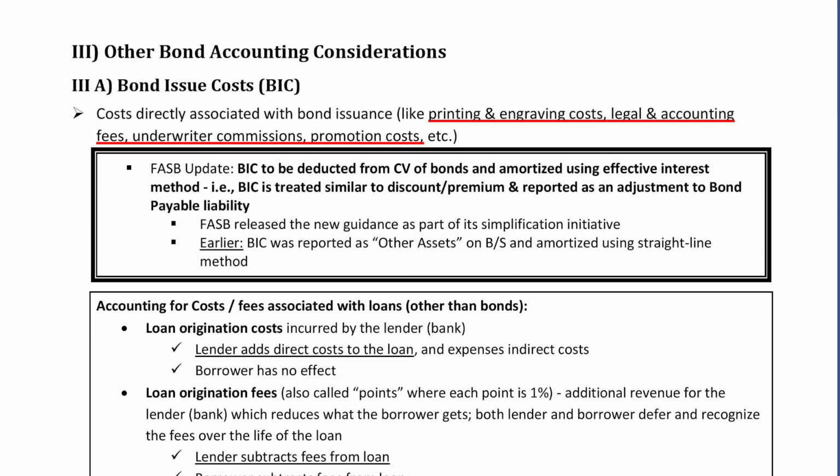Now, for bond issue costs, as we've just seen, right, reporting is as contra liability to bonds payable.